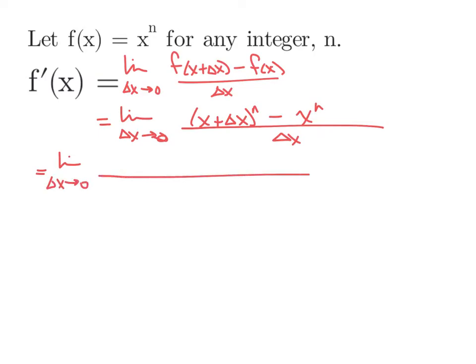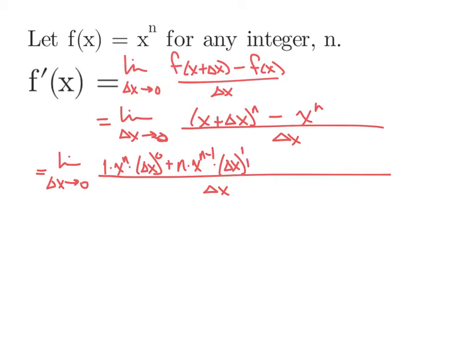Let's see, I gotta keep my limit around, got to keep my denominator around, but x plus delta x to the nth power starts off with n choose 0, which is 1, times x to the nth times delta x to the n minus n, which is just 0. The next term is going to be n choose 1, which is n, times x to the n minus 1 times delta x to the first.